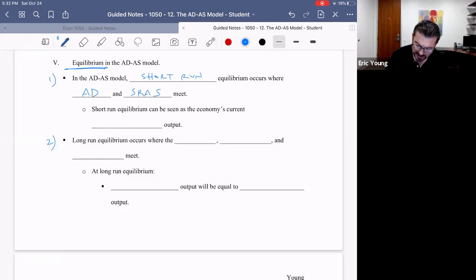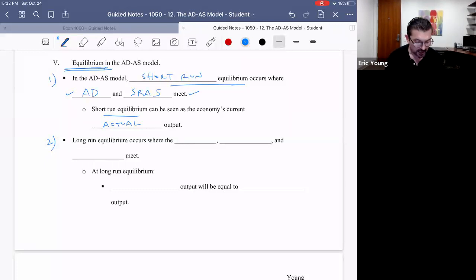This will occur where the AD curve and the SRAS curve intersect. Critically, short-run equilibrium basically represents the economy's current, or its actual, output right now.